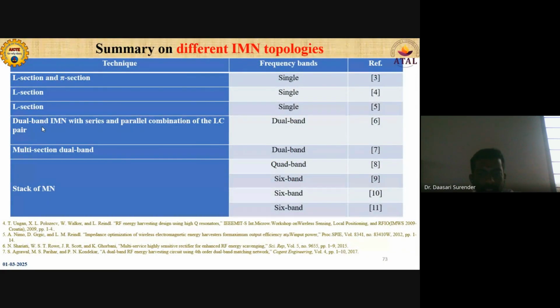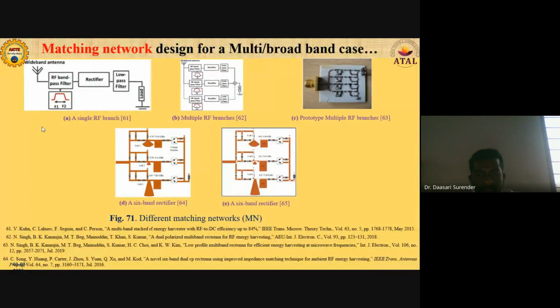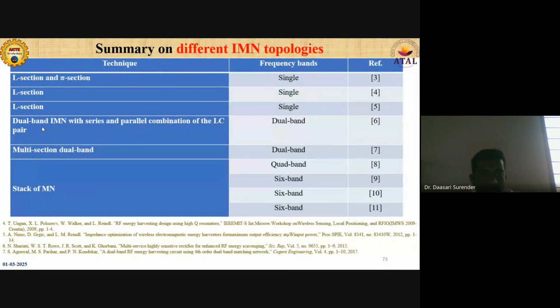So stacking is important for achieving proper impedance matching when multiple bands are available. This is the summary of different impedance matching topologies. For a single band, the L-section is highly utilized for achieving proper impedance matching.